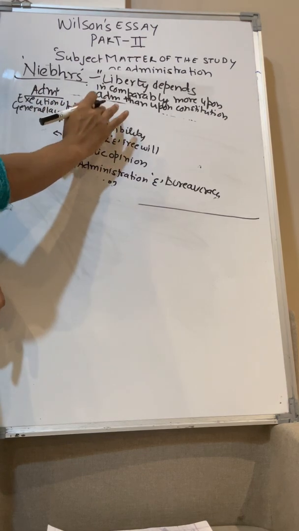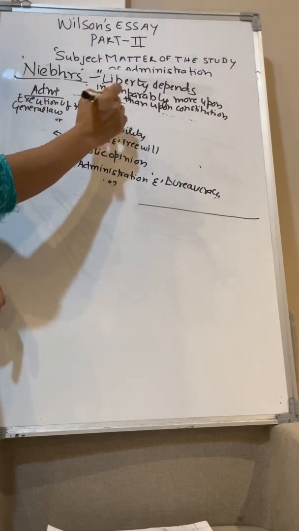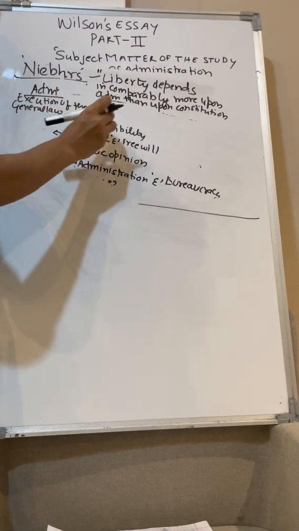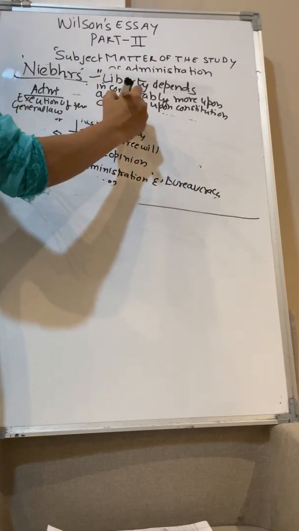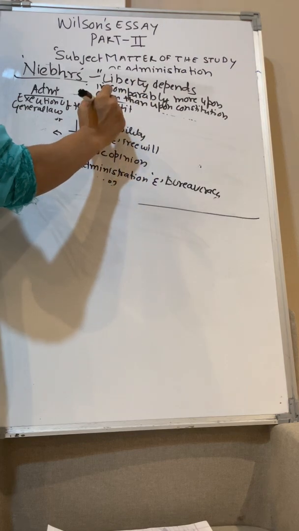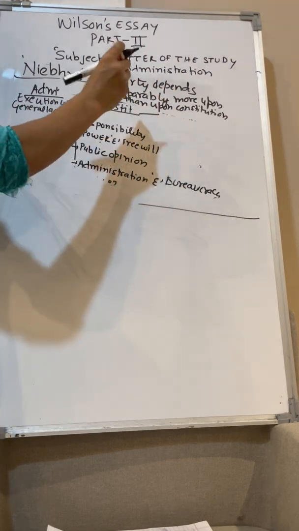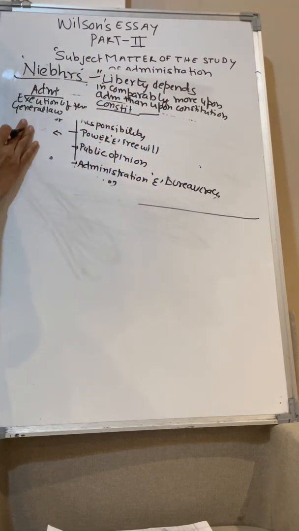Okay, the constitution does not talk about how it is to be done. It just says that this is to be done, in a very general way. How it is to be done is left to the administration.